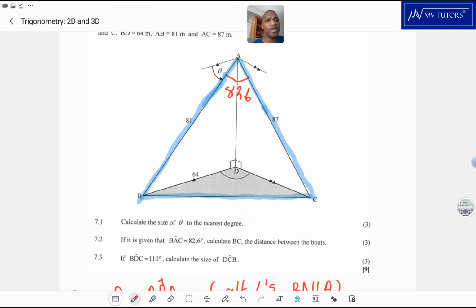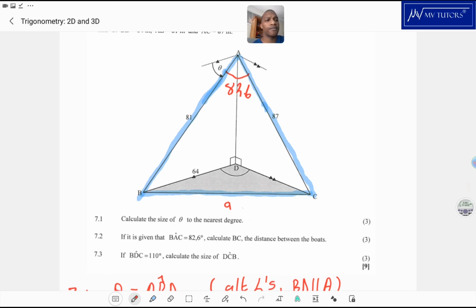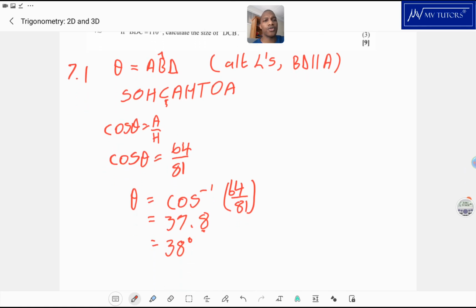Typically when you have two sides and we want to solve this side A, we have the opposite angle and two sides, we can use the cos rule.